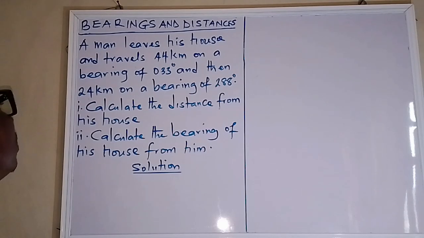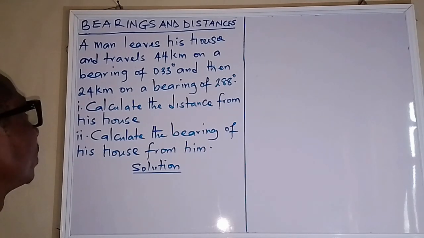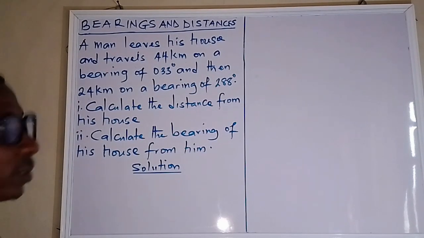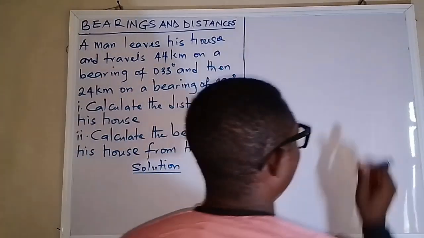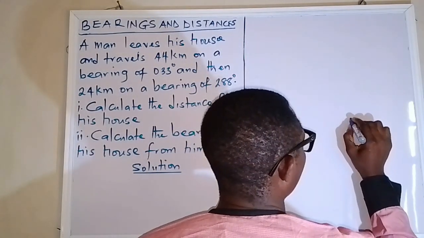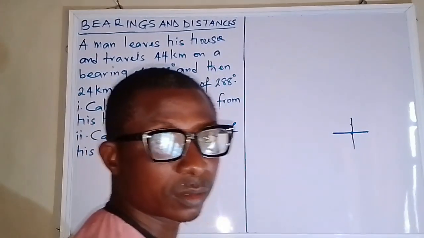Now to do this, we need to know the first point to locate. A man leaves his house, so that's the starting point. Let the man be here. So I will draw the cardinal point.